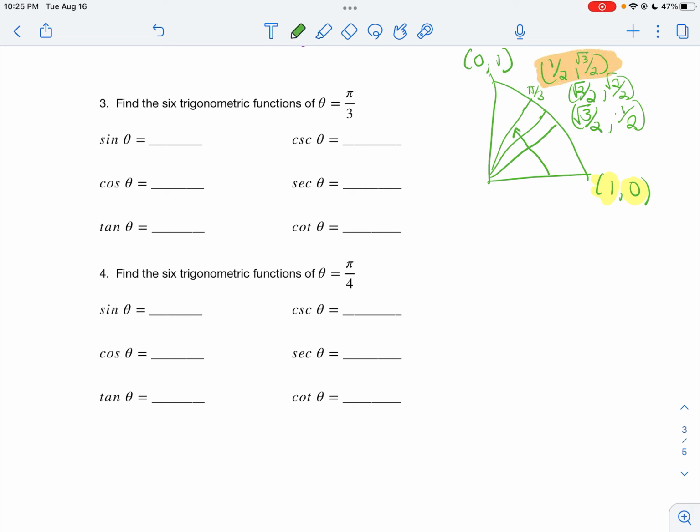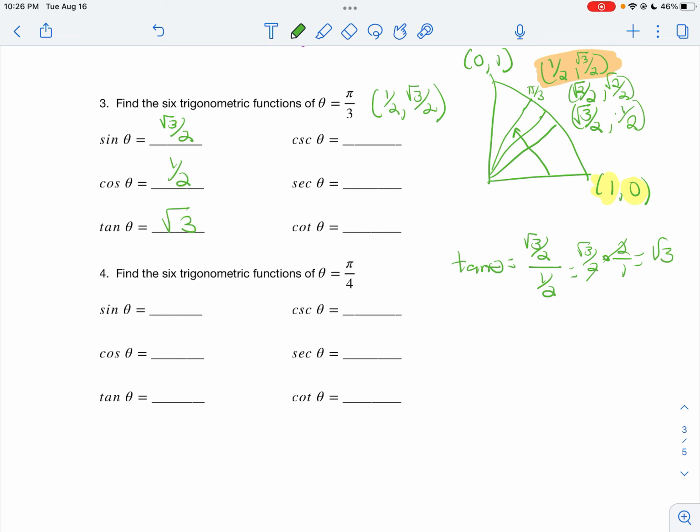So sine of theta is equal to the y value, which is square root of 3 over 2. Cosine of theta is your x value of 1/2. Tangent of theta is y divided by x. So that's square root of 3 over 2 multiplied by 2 over 1, which just becomes square root of 3 over 1, or square root of 3.